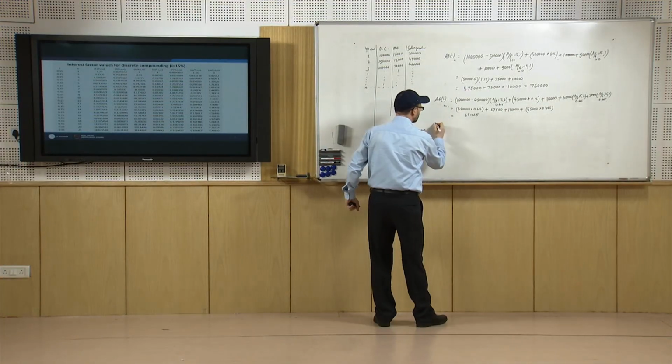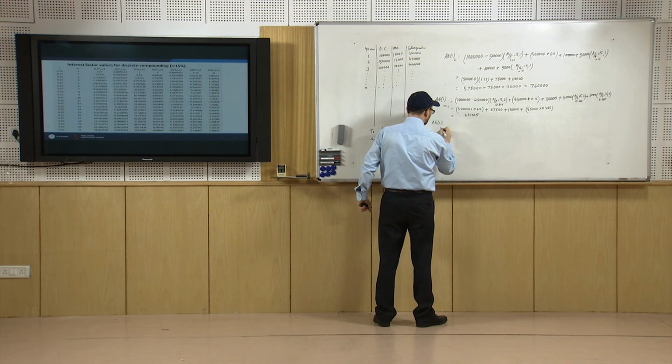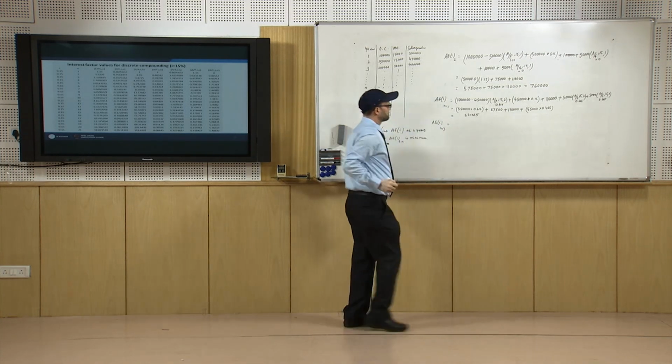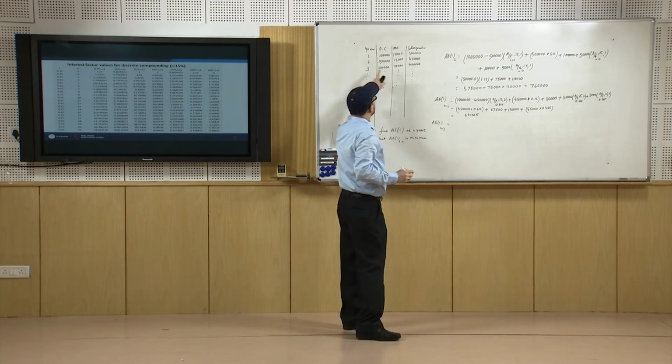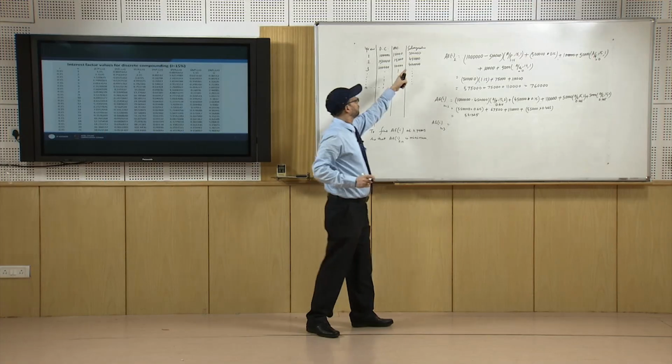So, once it goes for 3 years, the salvage value goes down to 4 lakh.